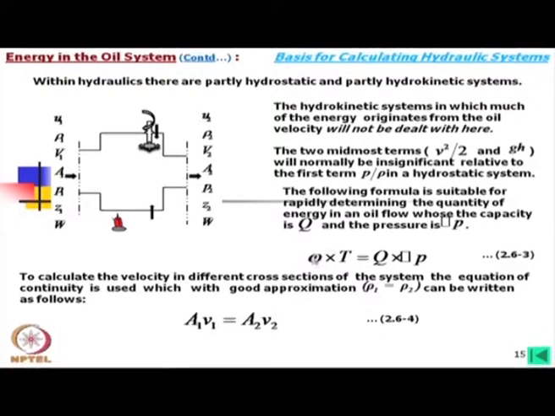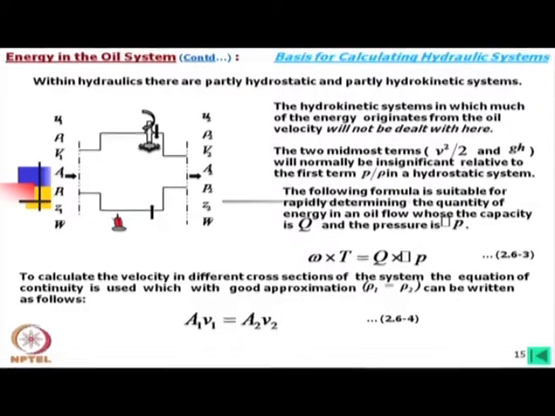So, while calculating the power, we consider the angular speed and the torque, omega T, which is equivalent to Q into delta P. We learned this in an earlier lecture, but if you consider the units, omega is rad per second and torque is Newton meter in the SI system.